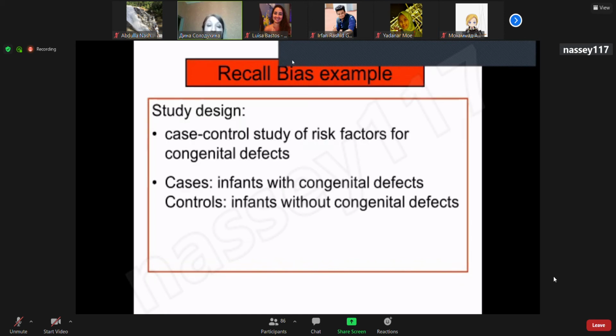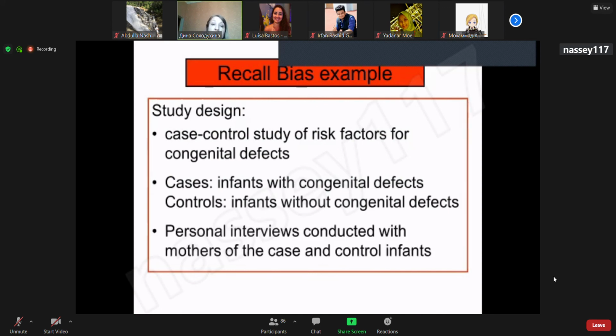For example, you study risk factors for congenital defects by case control study, and your cases are infants with congenital problems, while your controls are infants without congenital problems.